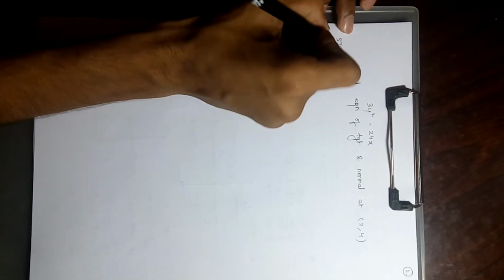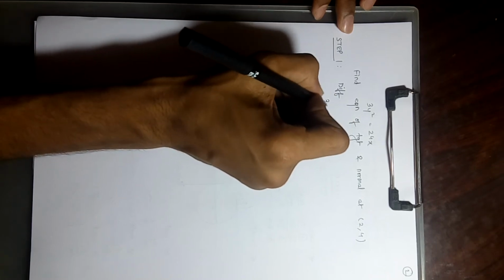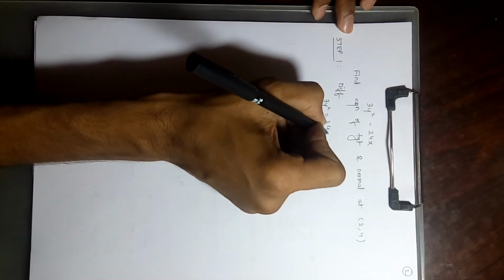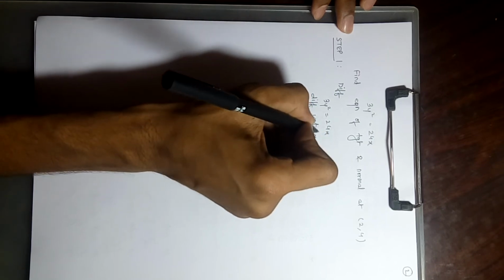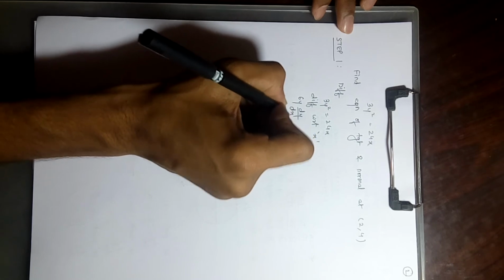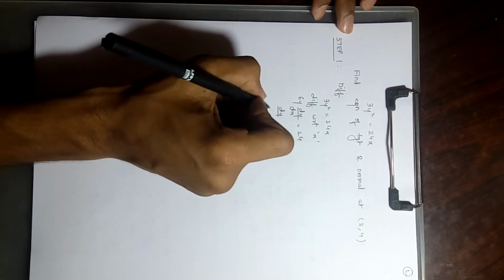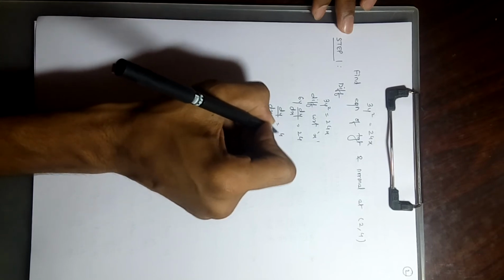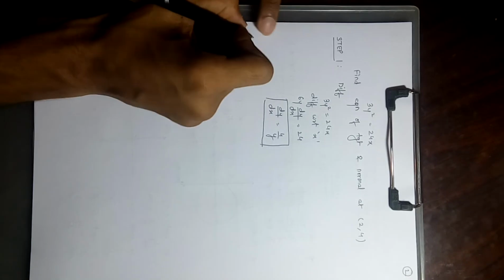Step 1 becomes differentiating. So I take 3y square equals 24x, differentiate with respect to x. I get 6y dy by dx equals 24, or dy by dx equals 4 upon y, right? First step done.